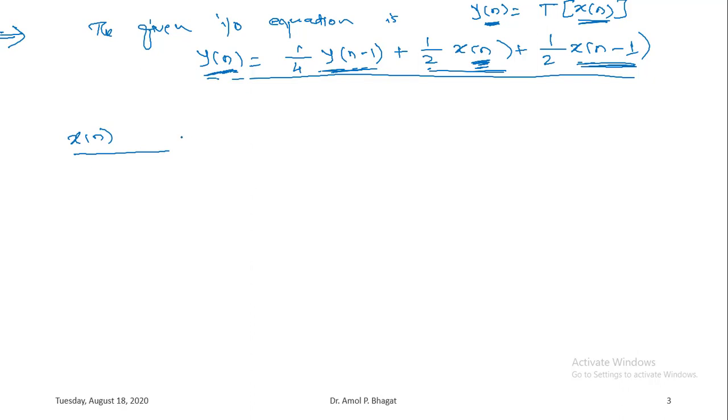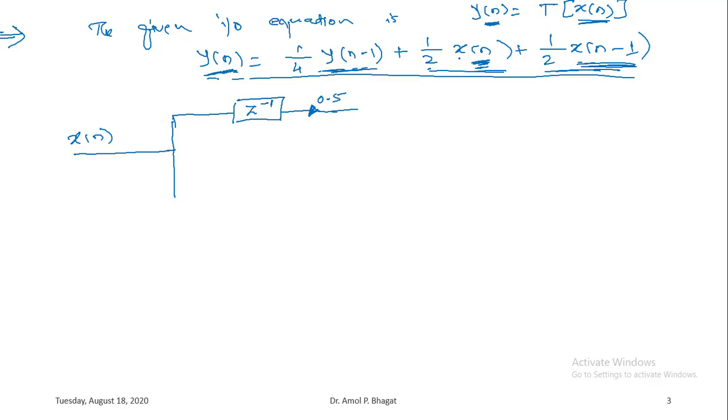If I am trying to realize this last term, initially the input is delayed, so I will use a unit delay element. The output of this unit delay element will be x of n minus 1, and then I have to multiply that x of n minus 1 with the constant 0.5.